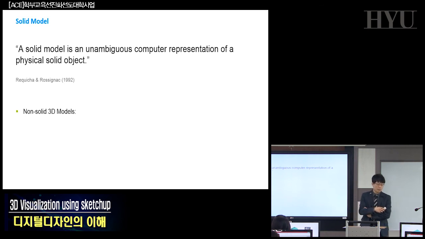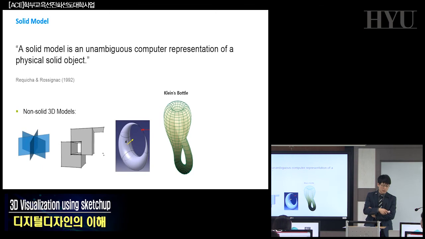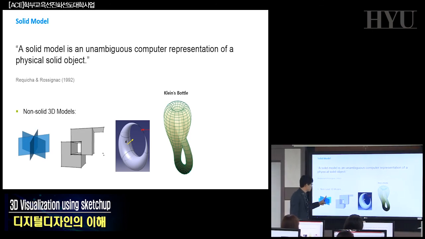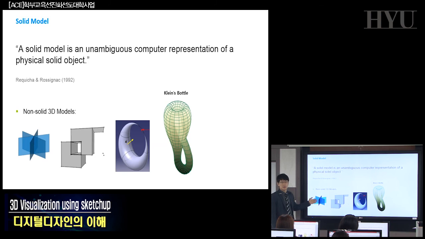What's the meaning of unambiguous? Let's take a look at this one, non-solid 3D model examples. Take a look at this one. Actually, this is a 3D object, but there are 3 planes. Plane means a certain type of 2D element which has zero thickness. This is mathematical, okay? No thickness.